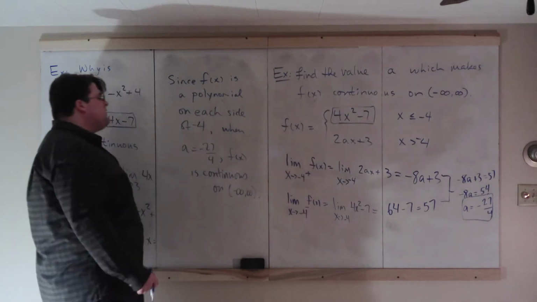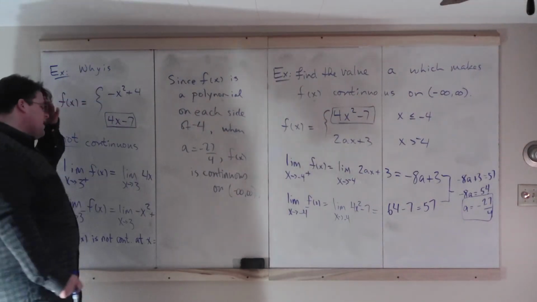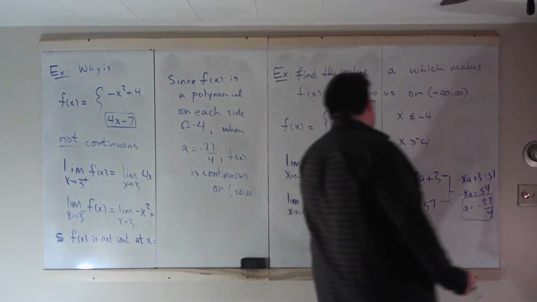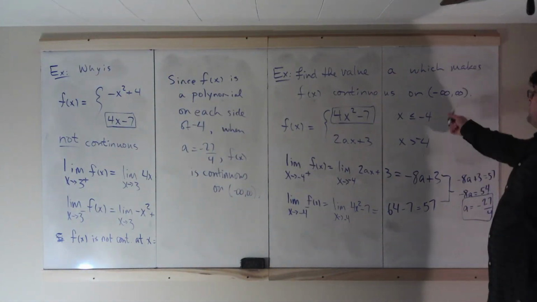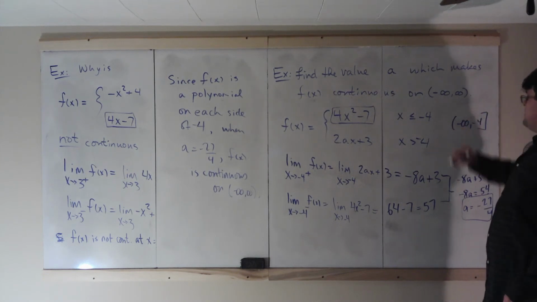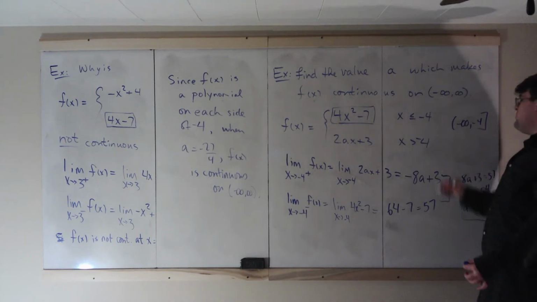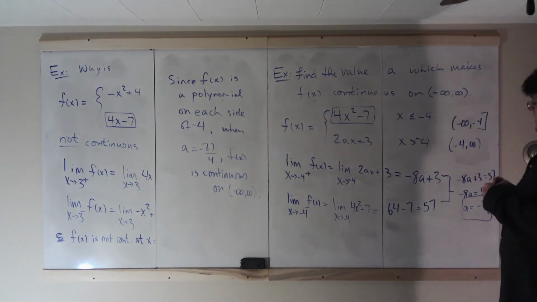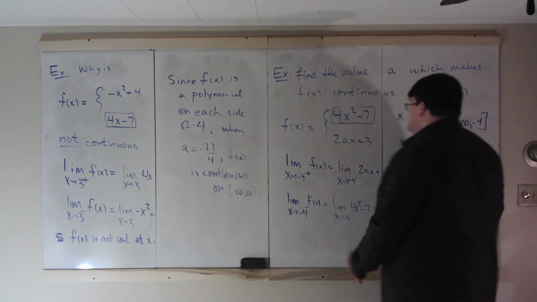So you could have explained that a little more, and I'm okay with an informal conclusion here. You could have said something like, well, it's a polynomial on negative infinity to negative 4, so it's continuous there. It's a polynomial on negative 4 to infinity, so it's continuous there. And then this makes it continuous at negative 4.